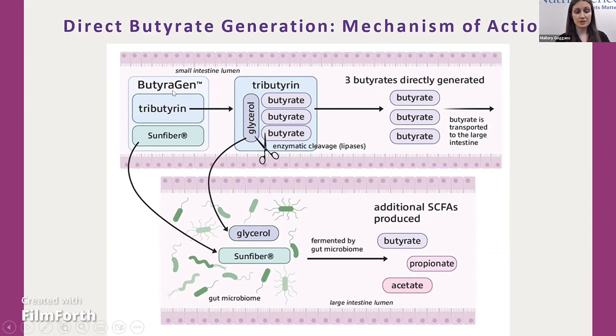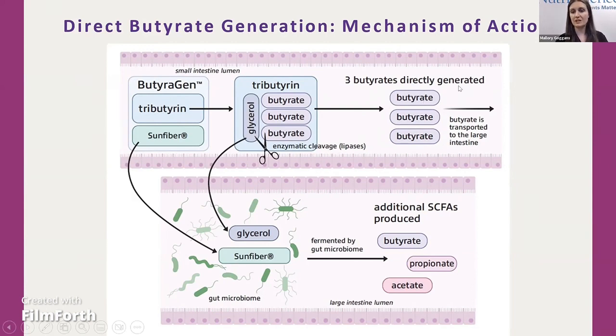So when you consume ButyraGen, the tributyrin in there is cleaved by these enzymes, which directly produces these 3 butyrate molecules. That's why we say that this is a direct butyrate generator, because the butyrates are not generated through an indirect mechanism like fermentation that requires a lot of steps, but come directly from this tributyrin molecule.